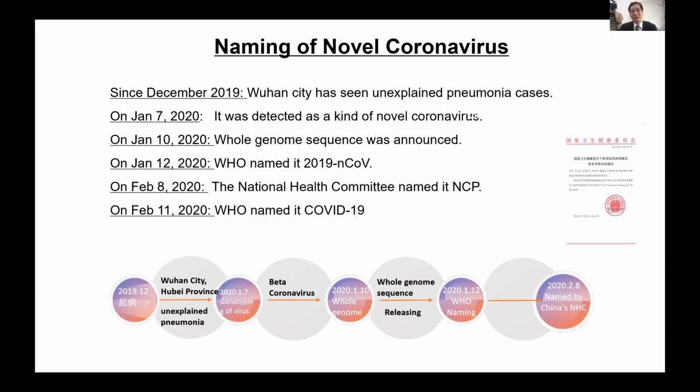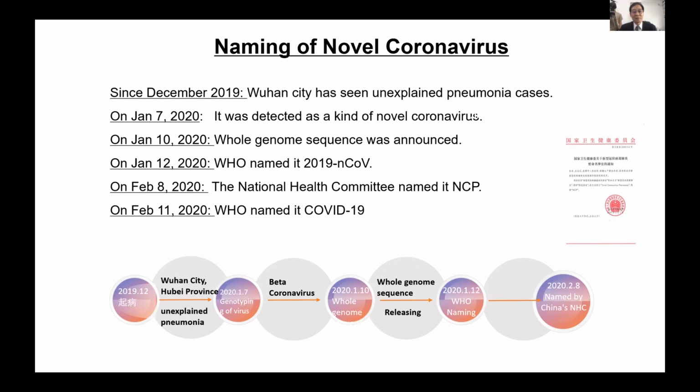Naming of the novel coronavirus: since December 2019, Wuhan city has had unexplained pneumonia cases. On January 7, it was detected as a kind of novel coronavirus.